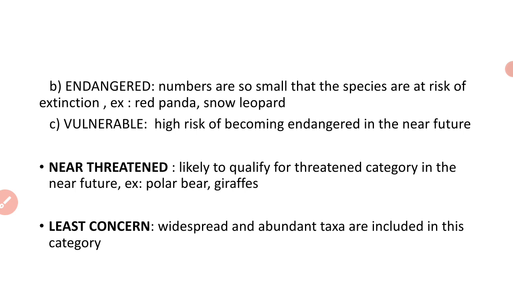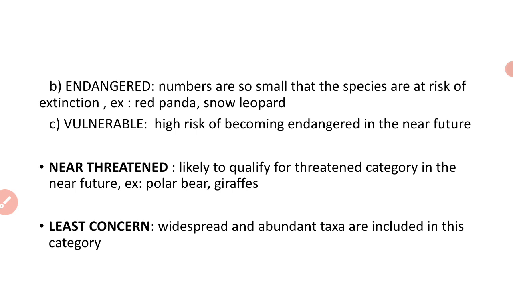In the case of the endangered category, the population size reduction is equal to or greater than 70%, and the geographic range is less than 5000 kilometers square. The population size is less than 2500 mature individuals, and the small or restricted population is less than 250 mature individuals, and the probability of extinction is at least 20% within 20 years or 5 generations.